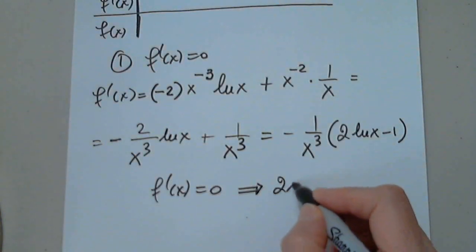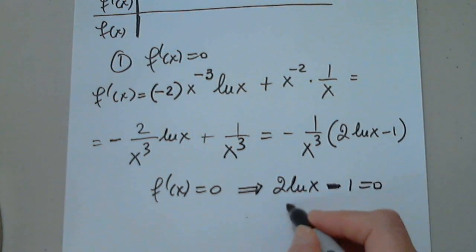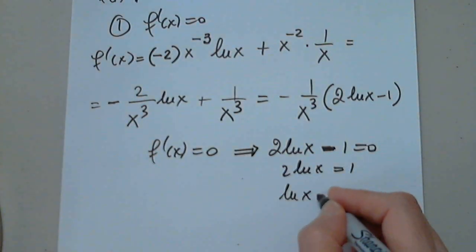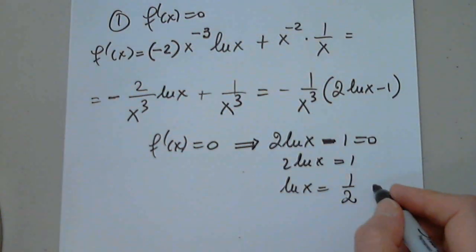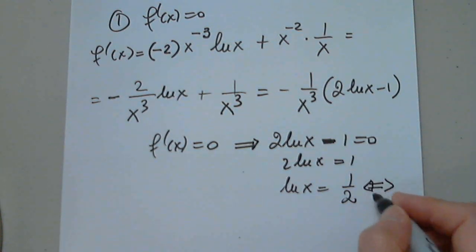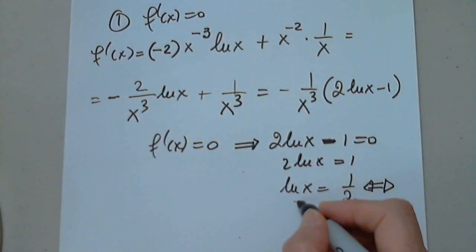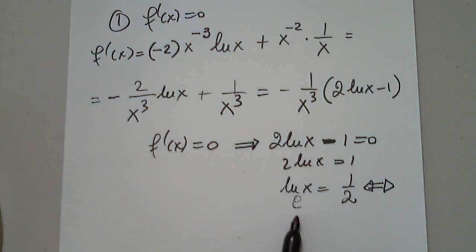So 2 natural log x minus 1 equals 0, or 2 natural log x equals 1, or natural log x equals 1/2. How do I convert this into something I can solve? This is equivalent to e to the power 1/2 equals x.